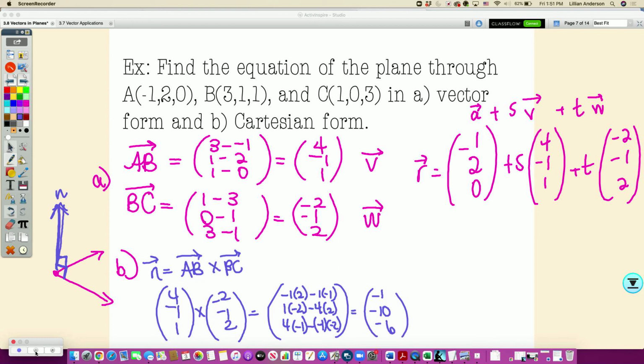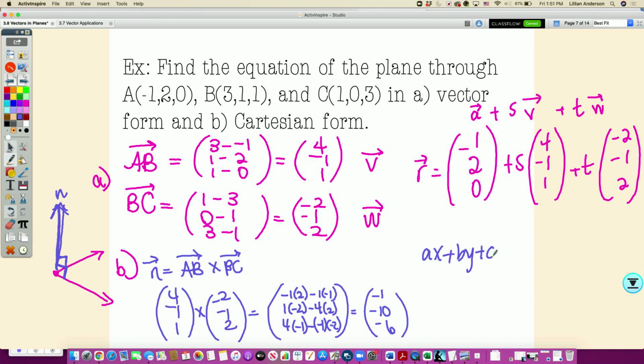All right. So then we'll have AX plus BY plus CZ. I'm just writing this out more so for the video's sake. So then A is -1, so that's going to be a negative X. B is -10. C is -6.